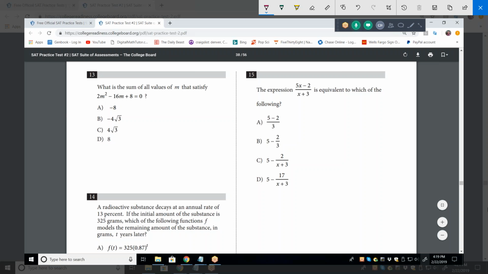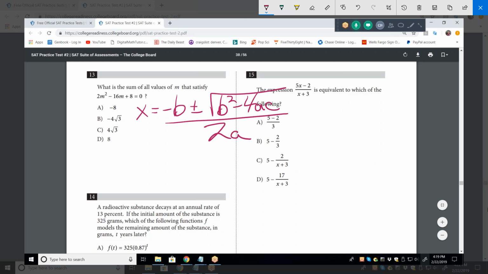I was just doing it in my head. So you could use the quadratic formula. Do you know it? Yes. It's x equals a negative b plus or minus the square root of b squared minus 4ac all over 2a. Okay, good. I'm glad this came up because you do need to know this.